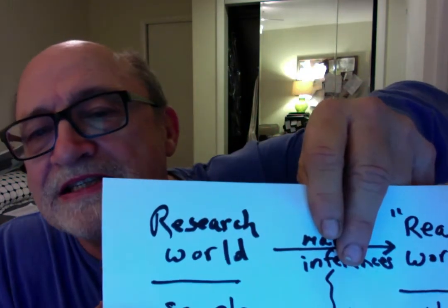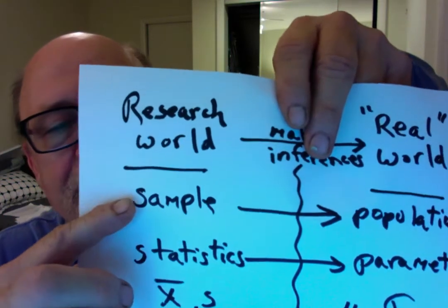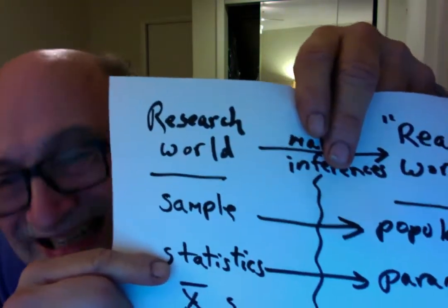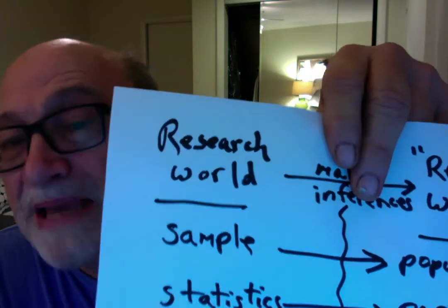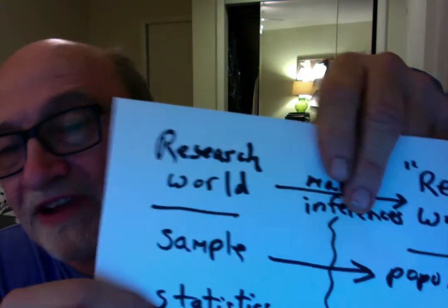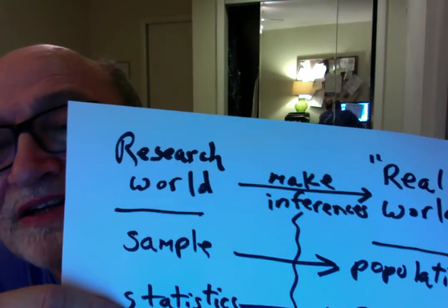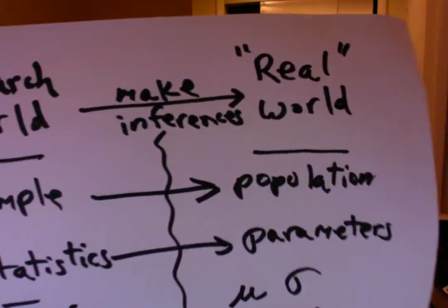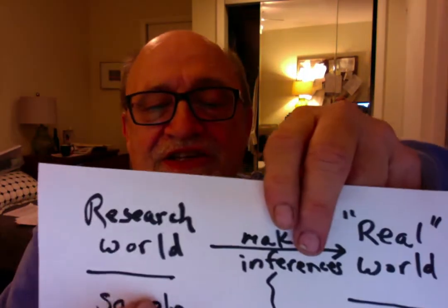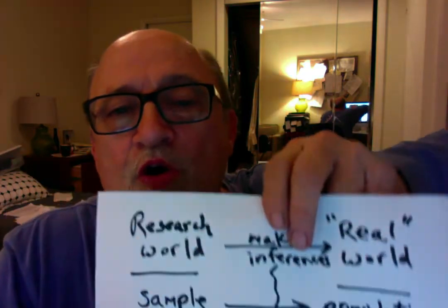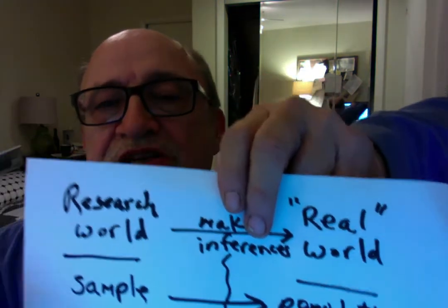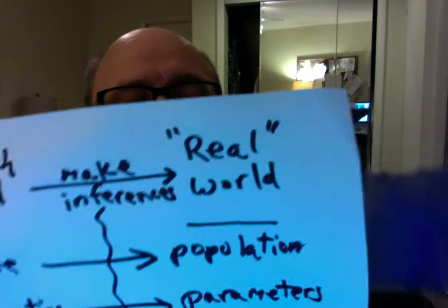Now, from that sample, we do various calculations and we generate the term statistics. Statistics like the mean income of our sample, things like that. Those summary kinds of pieces of information, those are called statistics in the sample. There are correlates to these statistics in our sample out in the population.